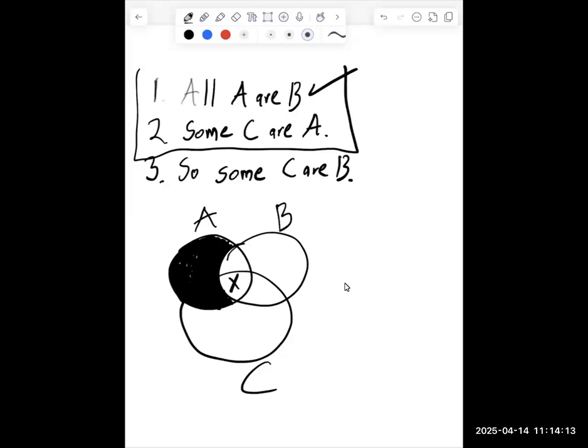Well, let's look at our final one, some C are B. Well, lo and behold, that's true because there is something in this space here where C and B overlap. Sorry, I'm blacking it out, I guess, with that. Let me erase that. I'll erase my whole diagram, right?